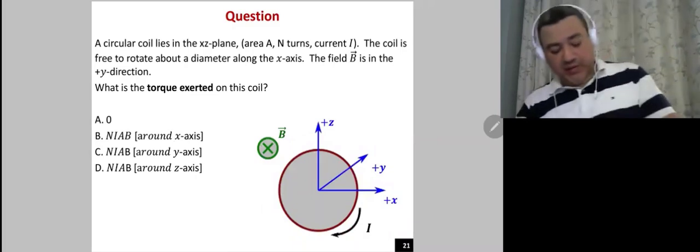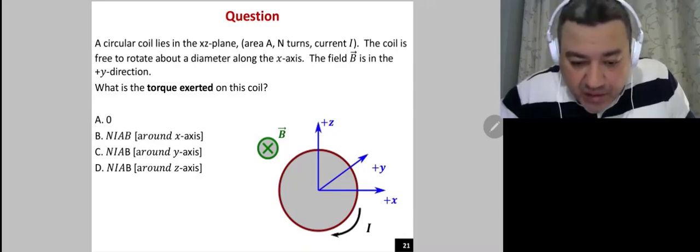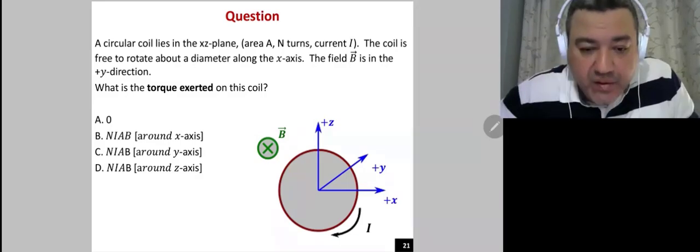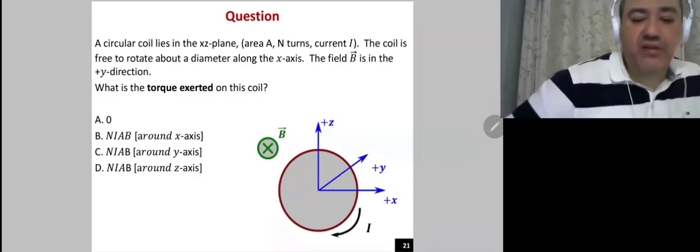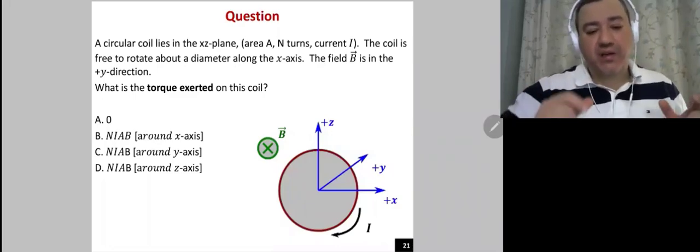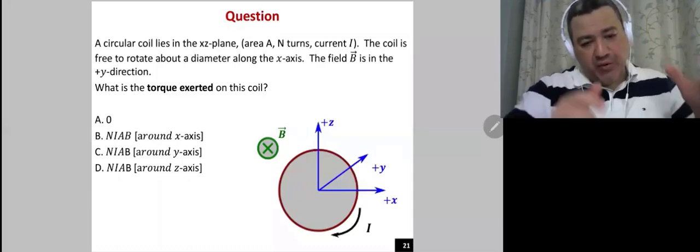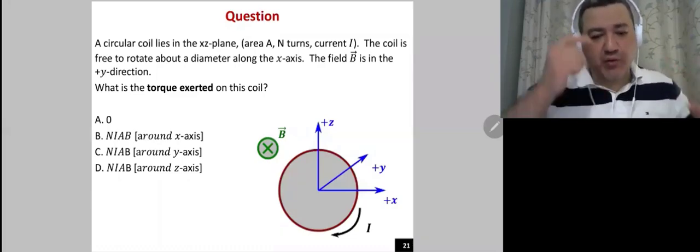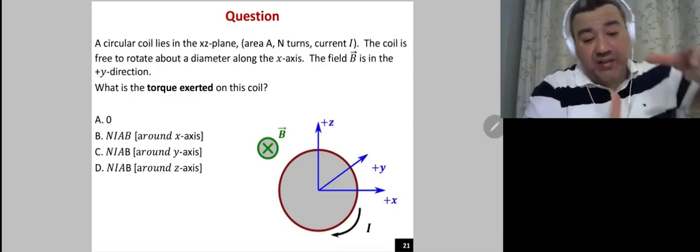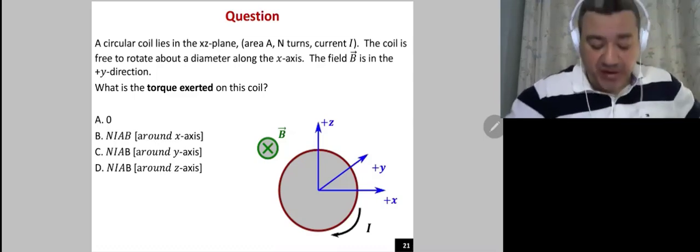Okay, now let's look at the third question. Again, the torque will always try to align, push, or rotate that loop, trying to align the magnetic dipole moment generated with the external magnetic field.